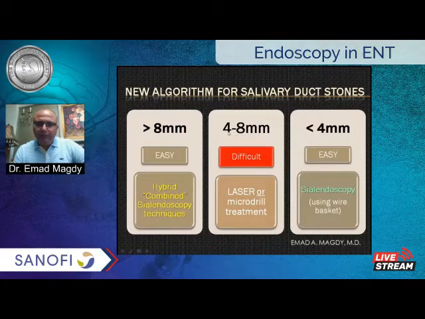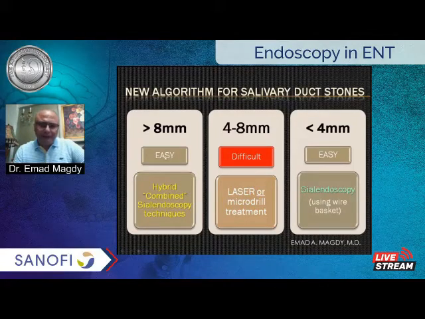If it's a 4 to 8 millimeter case, you have to do some sort of fragmentation of these stones, either using laser or micro drill, and this is a little bit more difficult. If you have a very large mega stone, more than 8 millimeters, you can use what we call the combined or hybrid techniques, combined sialendoscopic and open approaches, for the submandibular intraoral or for the parotid external, as I'll show you later on in the lecture.